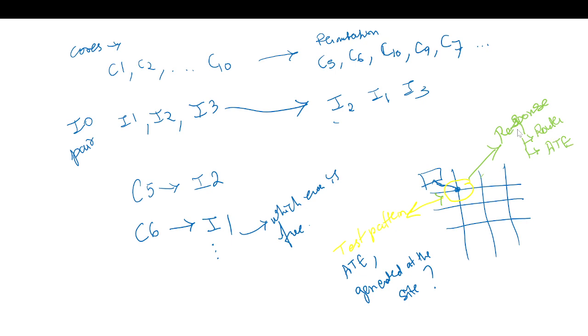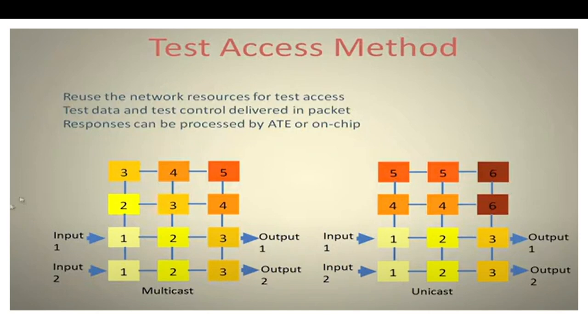So the router should support multicast, but the routers in the on-chip network are generally simple and basic, not like having a complete computer as a router. So what is test access mechanism? We said that without adding the extra overhead, we will be reusing the network resources for test access.